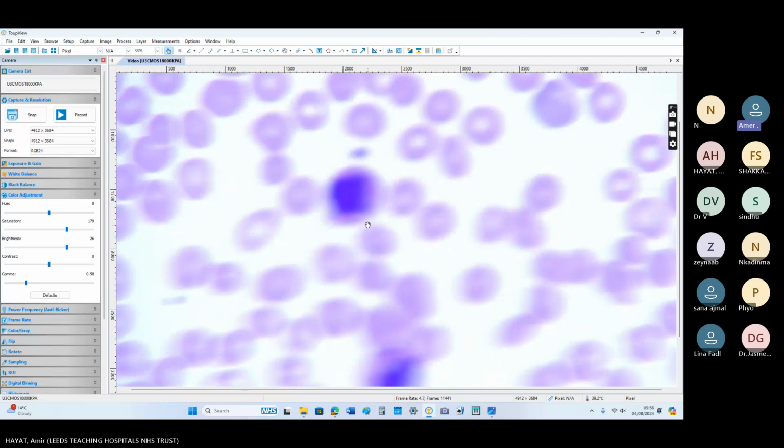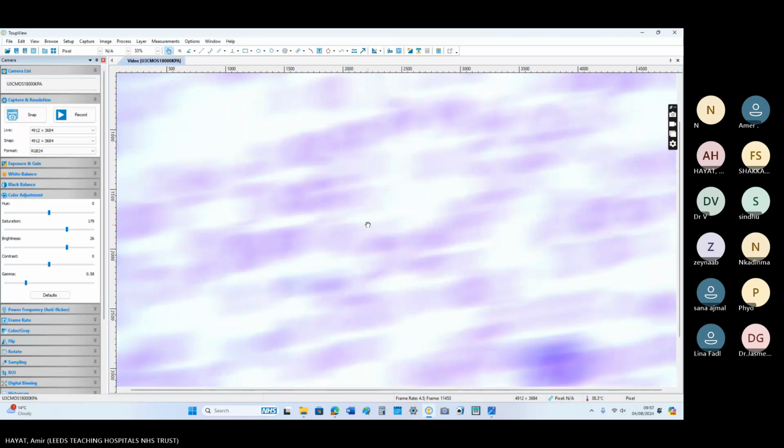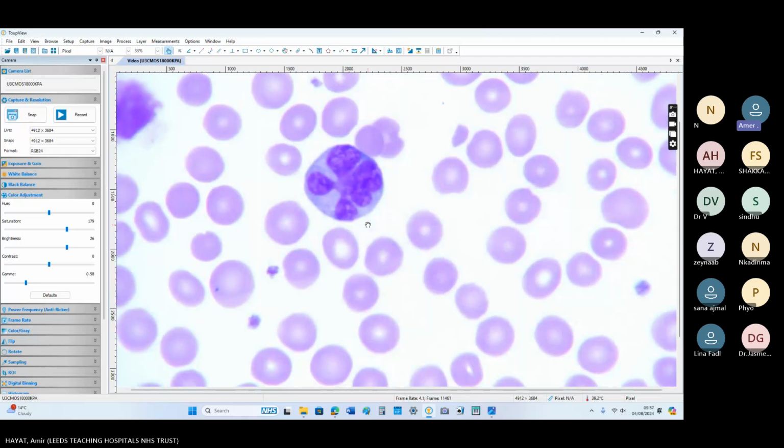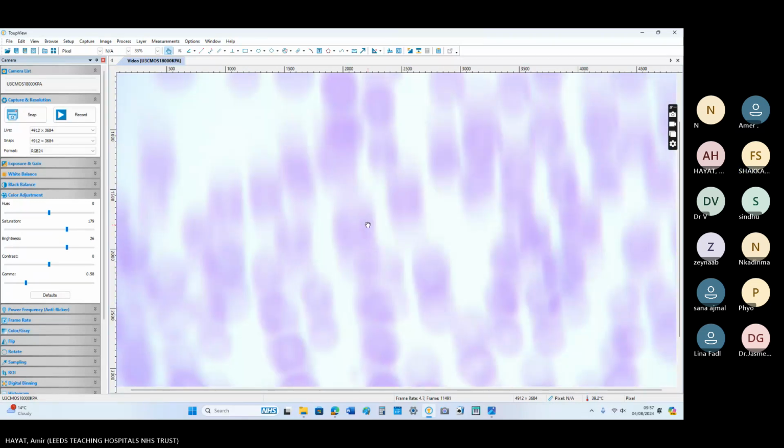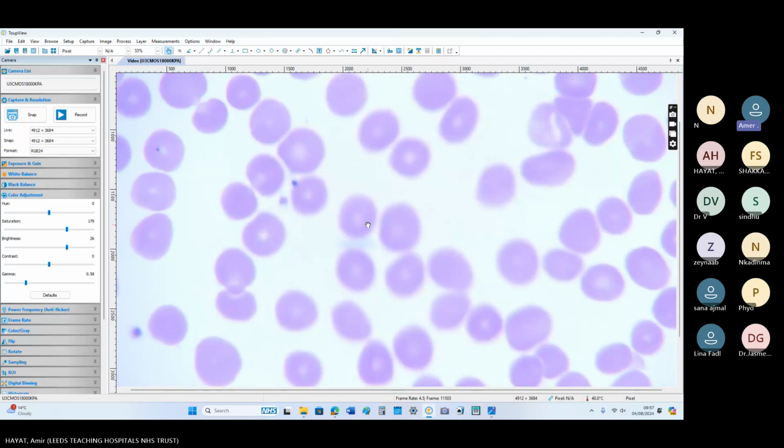I will show you some more of them. Yeah, again, this is the flowery appearance. We'll go back to 50.